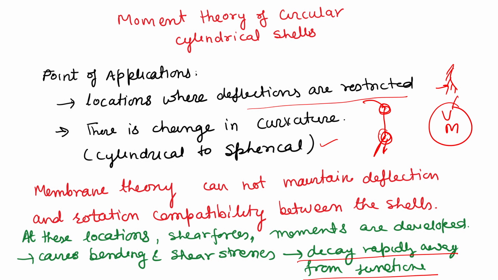That is why we say it is a local effect. Near the juncture it is high, but as you go away it vanishes very rapidly. Sometimes we call it a boundary effect. So, moment shell theory is used to find out the boundary effect at the junctions.